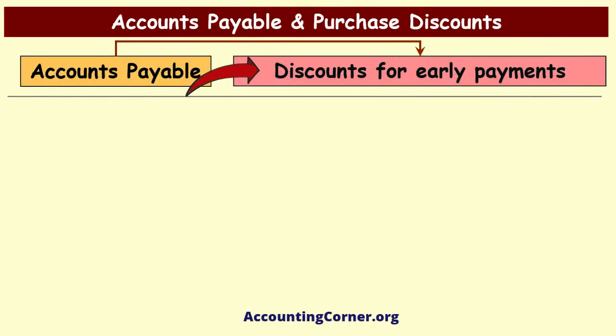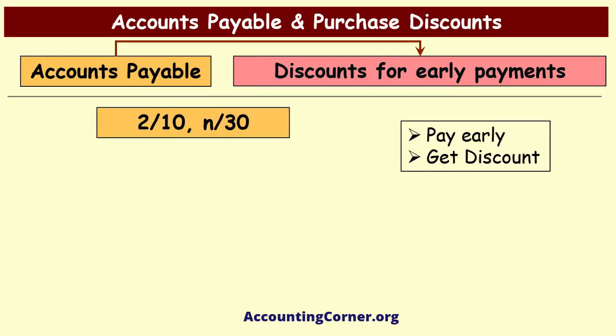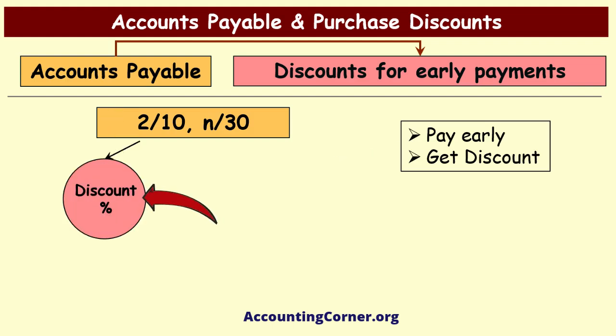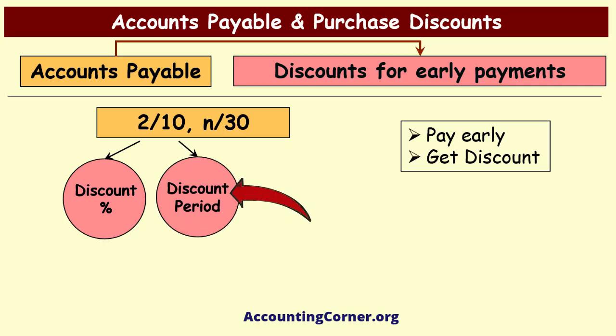Let's also check how to understand terms of discounts for early payments. Early payment discount means that if payment is done earlier, within discount period, the payment is decreased by the discount amount. Here you see discount term. 2 out of 10, N/30. 2 is discount percentage. 10 is discount period in days.